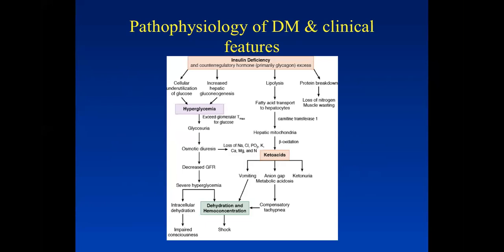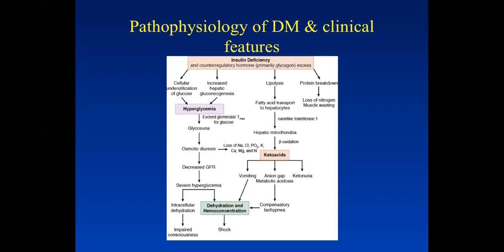So they don't have the action of insulin, which drives glucose into the tissue cells, giving energy to the metabolic processes occurring in the body. Therefore they have increased levels of glucose remaining in the circulation.